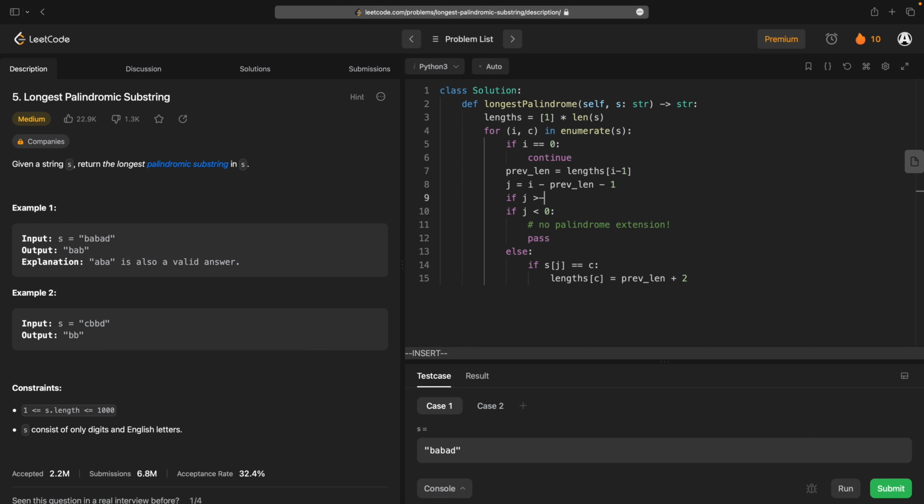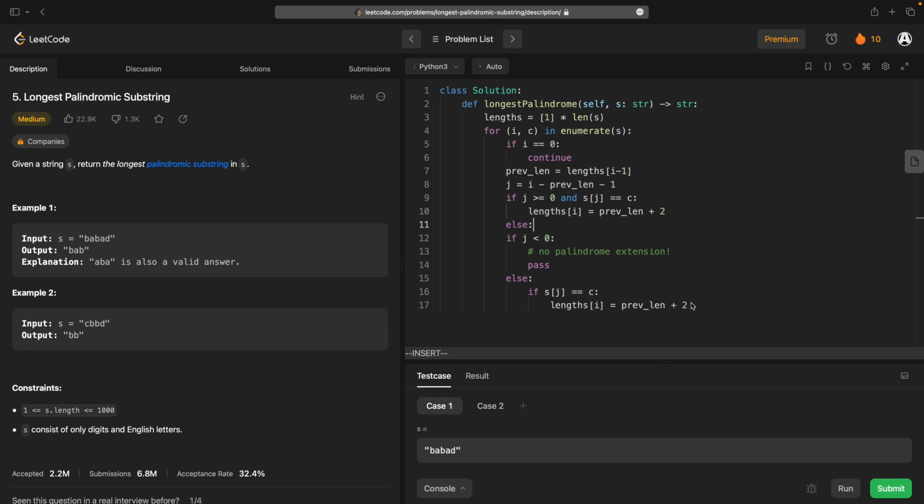If j is greater than or equal to 0 and s[j] is equal to c, length i, not c, is equal to prevlen plus 2. That's because we've extended this palindrome by 1 in either direction.